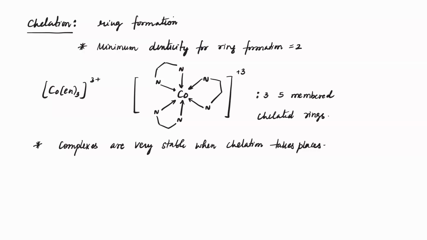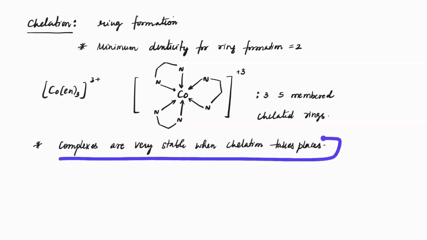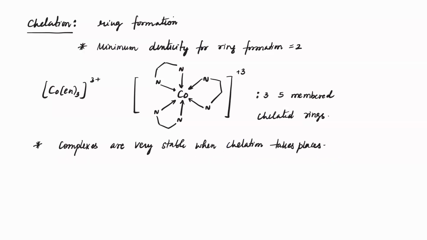And that's the reason why you will see minimum denticity for the ring is 2, and they often form three-membered, five-membered, or six-membered ring formations here. Okay. So there are three five-membered rings present in this case. You can see complexes are very stable when chelation takes place here. Got it?